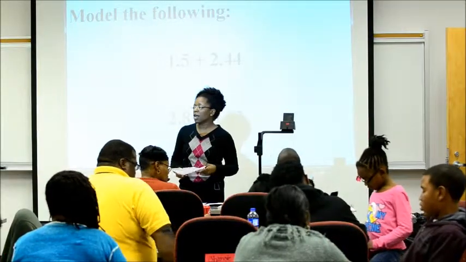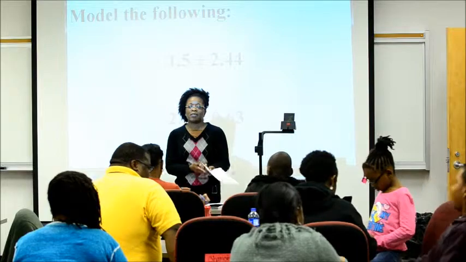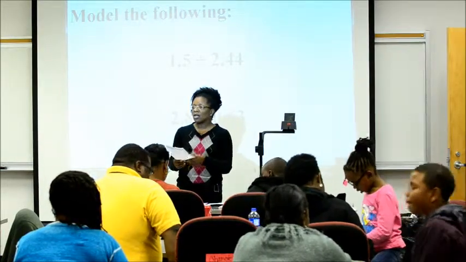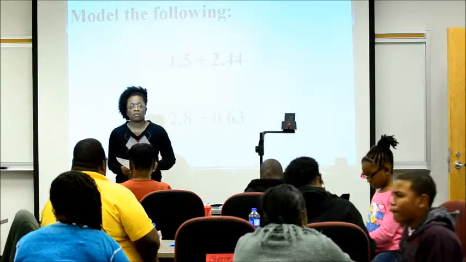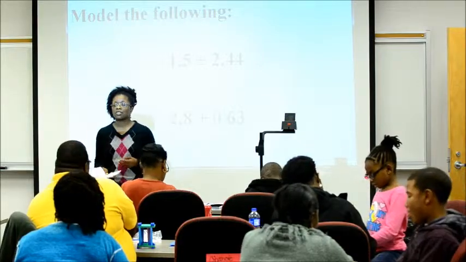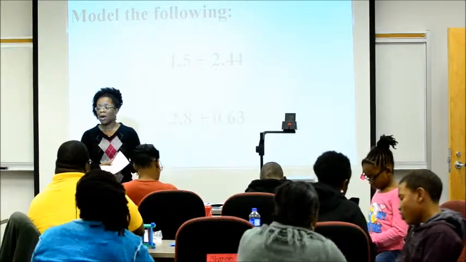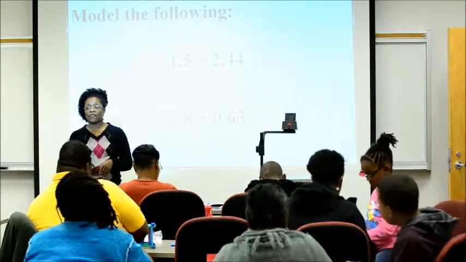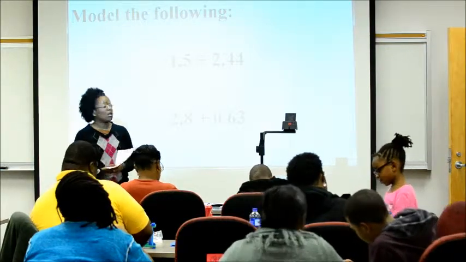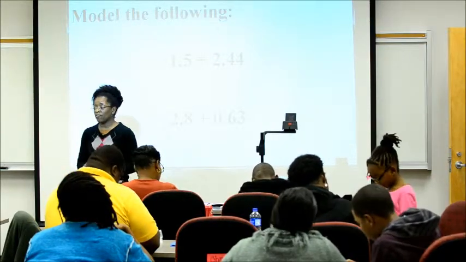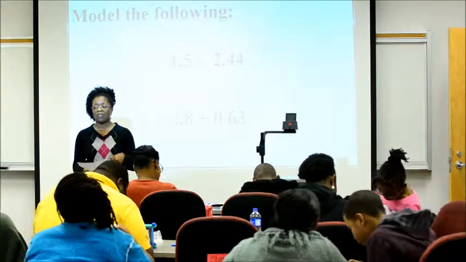All right, Sojourner, if I can have your attention, please. Sojourner is going to tell us what the sum will be for 1 5/10 and 2 44/100ths. Can you tell us what you took out first?